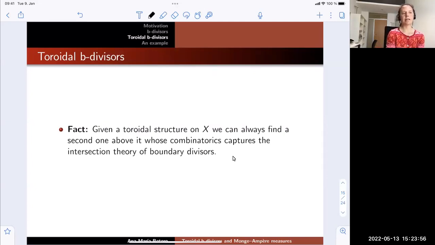It does not live in a vector space. And what we want to do is tropical intersection theory in order to obtain information about intersection numbers of these toroidal divisors. Then what we need is some kind of balancing condition on this conical polyhedral complex. But for this, we need a vector space where we can define this balancing condition.